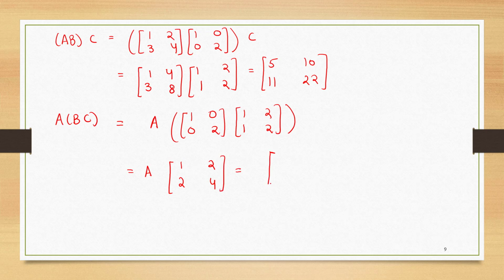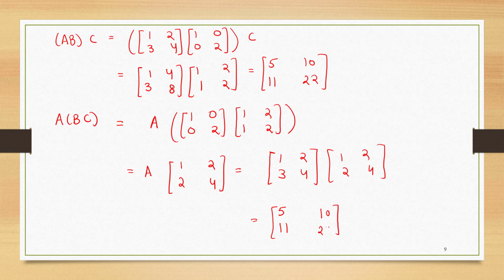Multiplying it with A is 1, 2, 3, 4 into 1, 2, 2, 4. We get first row, first column, that is 1 plus 4, 5, 2 plus 8, 10, 3 plus 8, 11, and 6 plus 16, 22. See, these two are same. So associativity holds under matrix multiplication also.